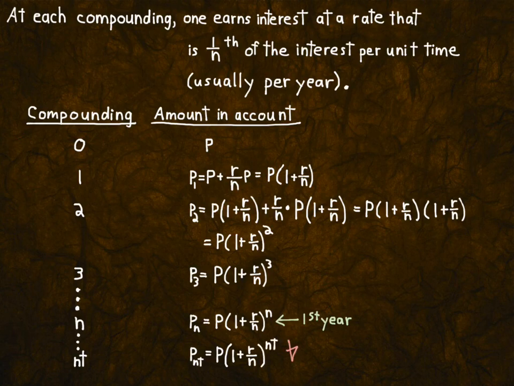And so for n times t compoundings, you're going to have 1 plus R over N raised to the nt power. And that's the actual formula. The n times t is the total number of times that you've compounded the interest. The 1 plus R over N gives you one compounding. And the P is just the amount you start with.